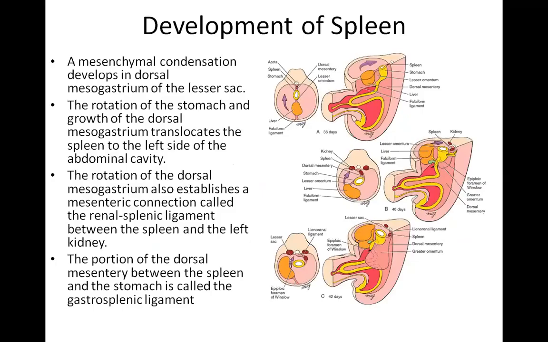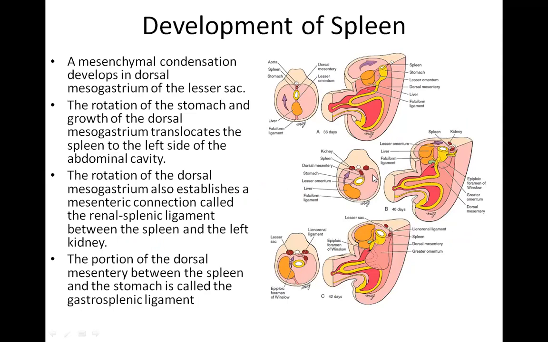Now we will come to the development of the spleen. The spleen occurs as a mesenchymal condensation which develops in the dorsal mesogastrium of the lesser sac. The rotation of the stomach and the growth of the dorsal mesogastrium translocate the spleen to the left side of the abdominal cavity.